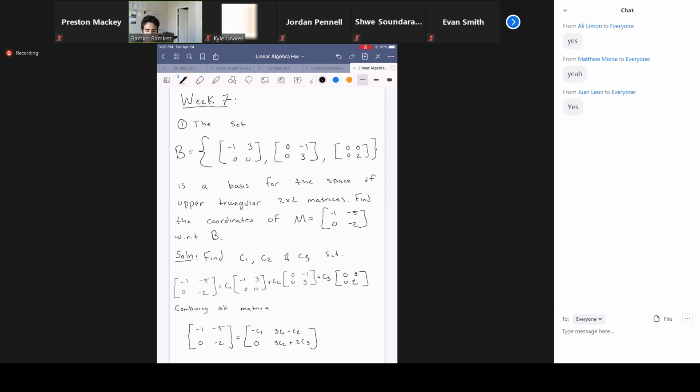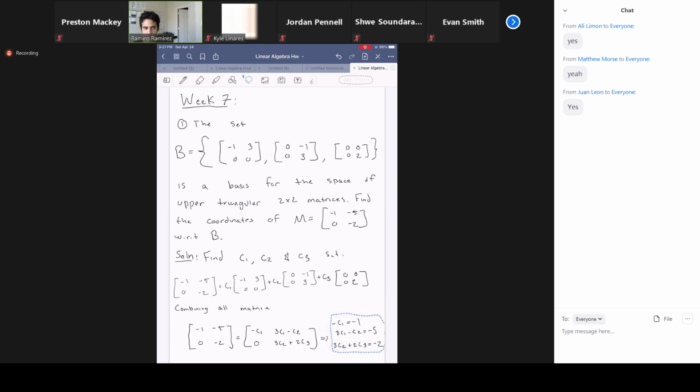Okay, which means in order for these two to be equal, we need -C1 equals -1, 3C1 minus C2 equals -5, and also that 3C2 plus 2C3 is equal to minus 2. Okay? So from here, we can find our C's.